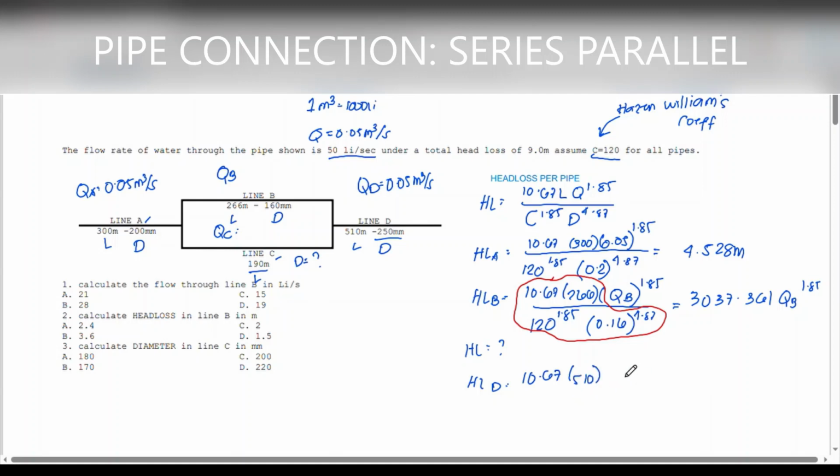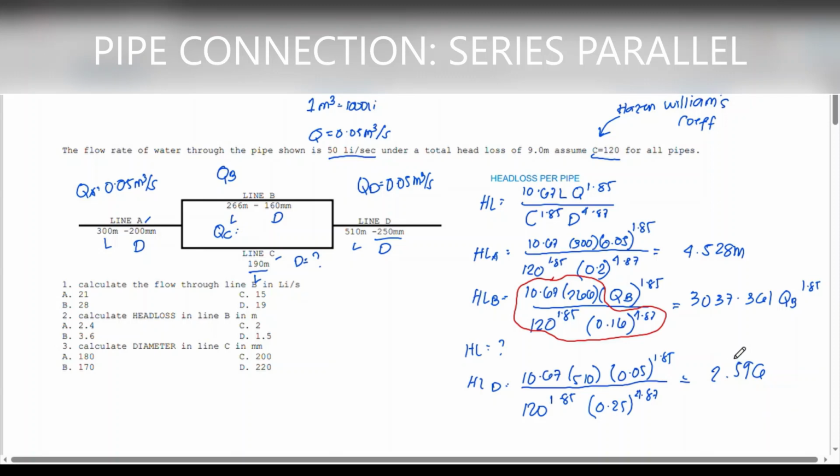So 510 multiplied by Q at D, which is 0.05 raised to 1.85, all over 120 raised to 1.85 times the diameter for line D, which is 0.25 meters, raised to 4.87. This will result to a head loss at D of 2.596.